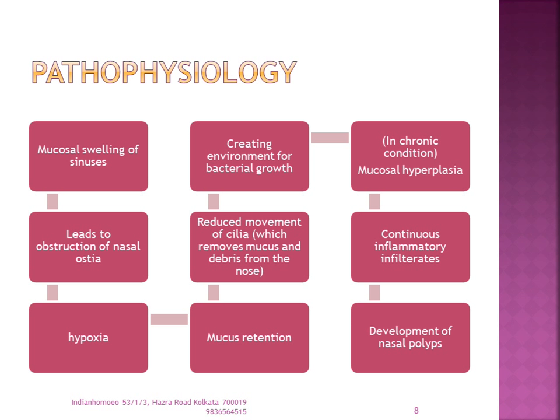This leads to continuous inflammatory infiltrates. Inflammatory infiltrates means the inflammatory cells come and gather around the blood vessels. So if this condition is not treated properly, it may lead to the formation of nasal polyps.